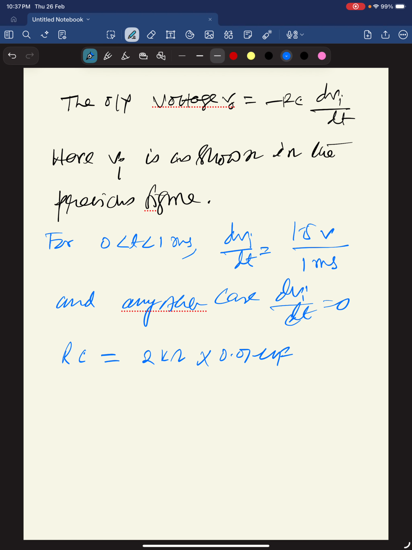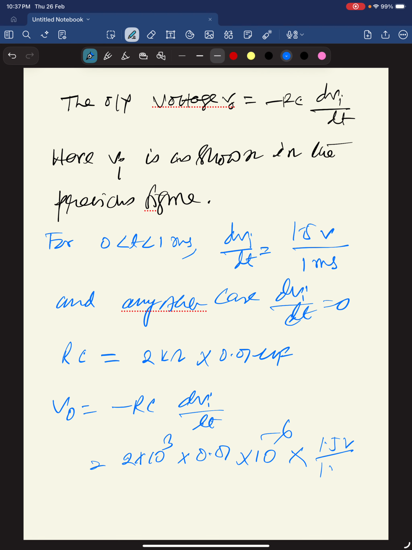Now V0 is equal to minus RC dVi by dt. Minus RC means 2 into 10 to the power 3, 0.01 into 10 to the power minus 6, and dVi by dt means 1.5 volt by 1 into 10 to the power minus 3 second, since it is 1 millisecond.